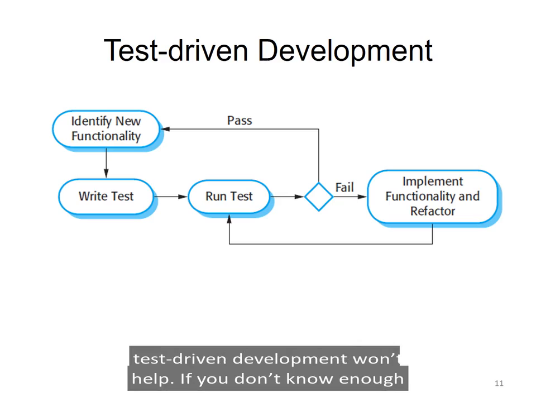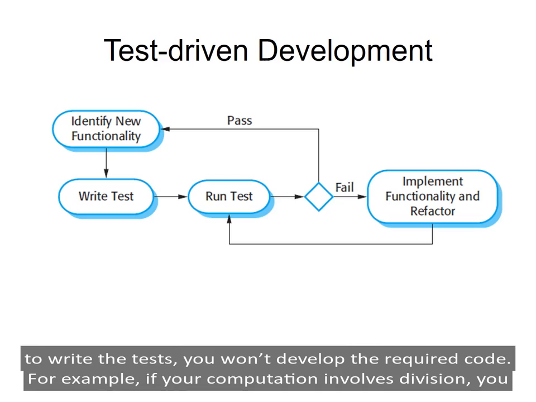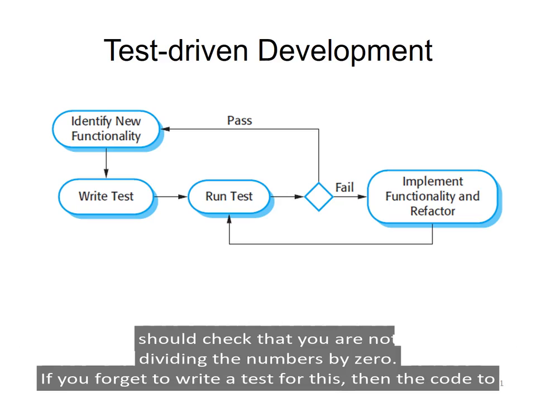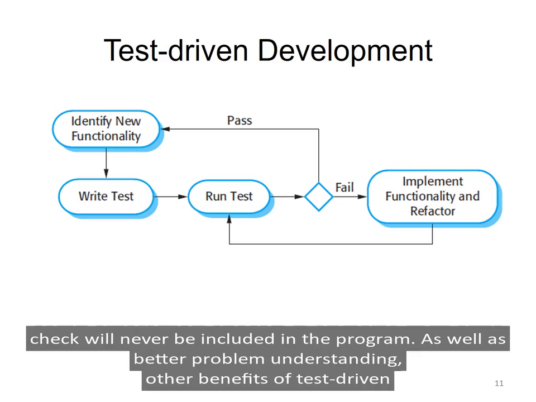If you don't know enough to write the test, you would not develop the required code. For example, if your computation involves division, you should check that you are not dividing the numbers by 0. If you forget to write a test for this, then the code to check it will never be included in the program.